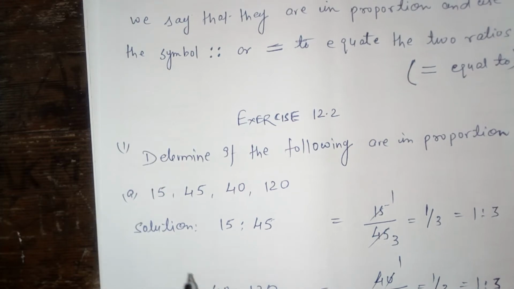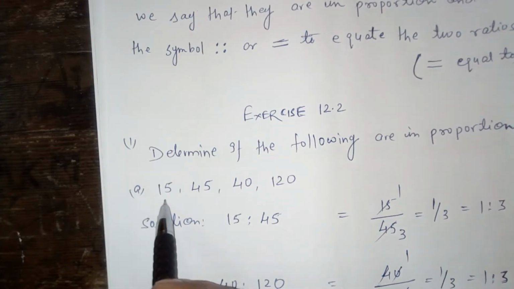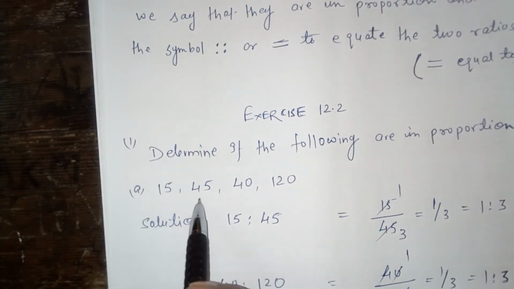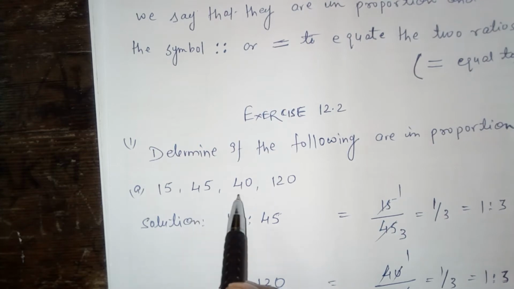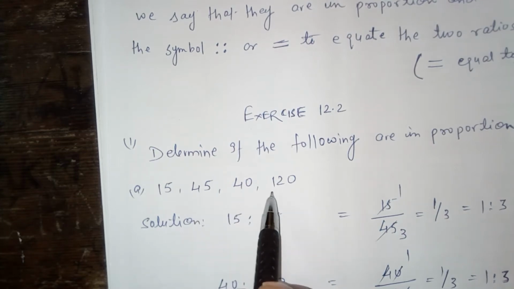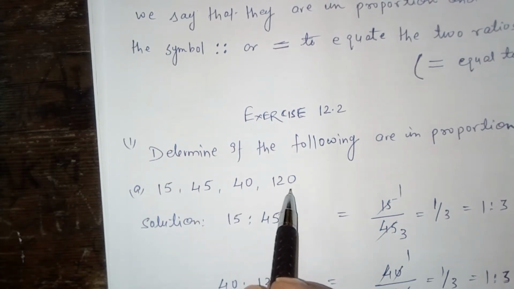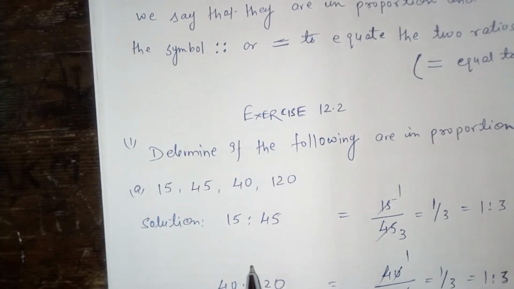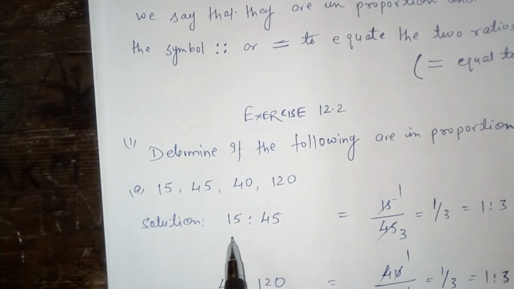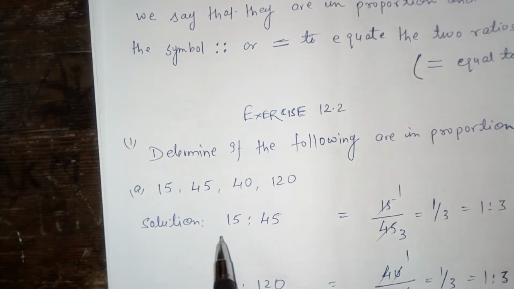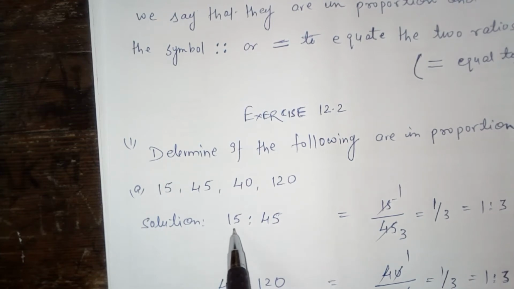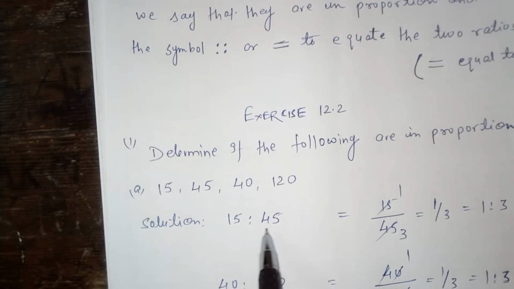Okay, now 15 is the first number, 45 is the second number, 40 is the third number, and 120 is the fourth number. Now we will discuss the ratio of the first two numbers.